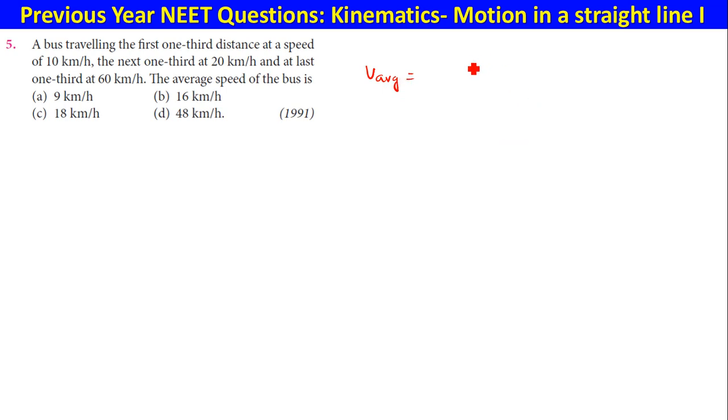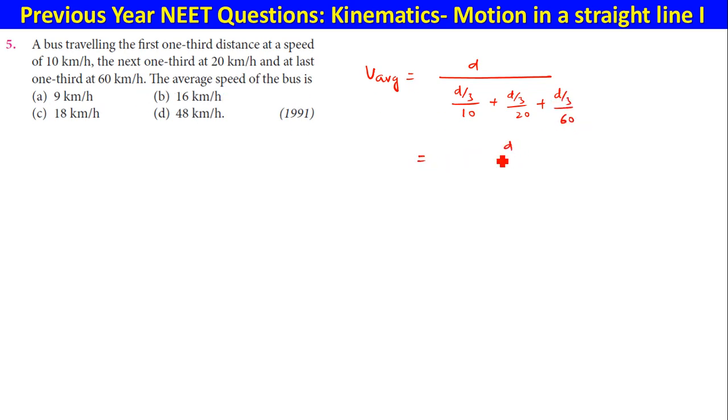Total distance is, let us say, D, divided by the time: the first 1/3 of the distance is traveled with velocity 10, the second 1/3 with 20 km per hour, and the last 1/3 is traveled with 60 km per hour, isn't it?